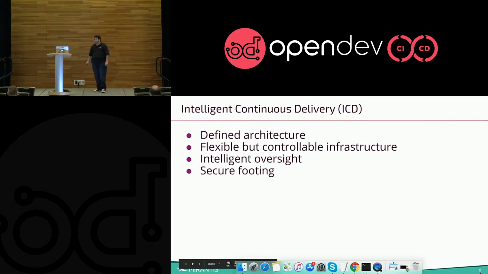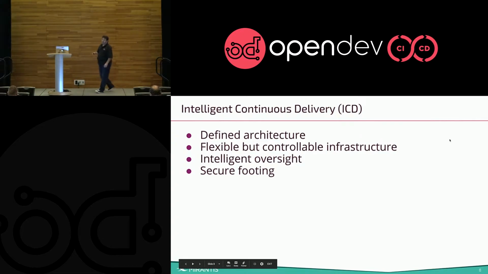Now, intelligent continuous delivery is the idea of combining all of these things to give you a defined architecture so that you can replicate it. Make sure that it's flexible but controllable, so if you need to make changes, you can, but at the same time, nobody else can, obviously. You need to have intelligent oversight of it so that you're not counting on somebody noticing that a drive is down.